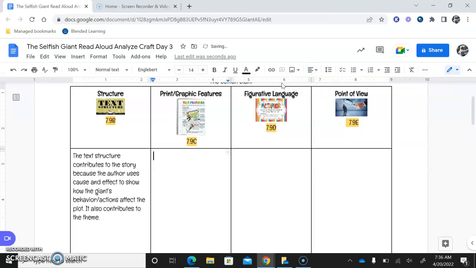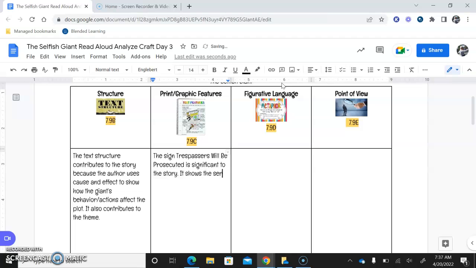So the next thing we're going to look at is the print or graphic features. Now, a lot of times fiction stories won't have these types of things as much as nonfiction stories will, but there is a sign in the story. "Whoops, trespassers will be prosecuted" is significant to the story.